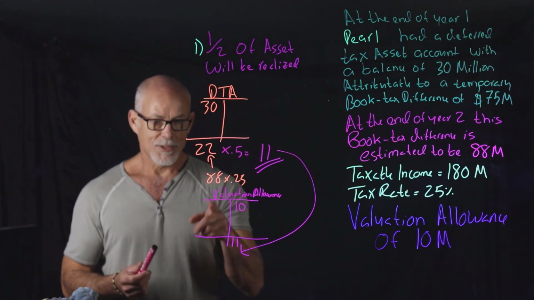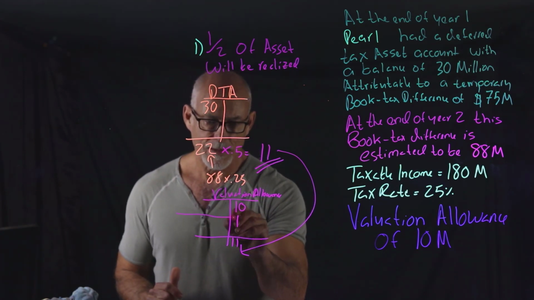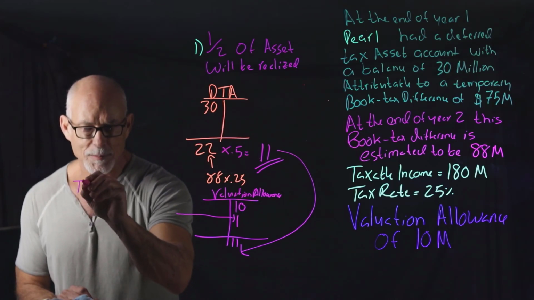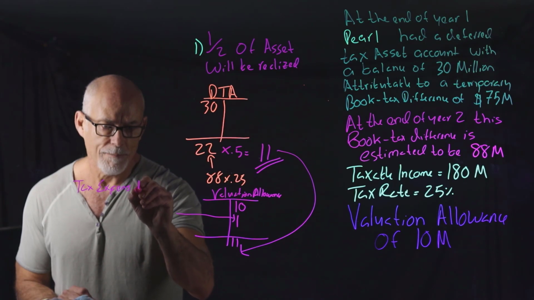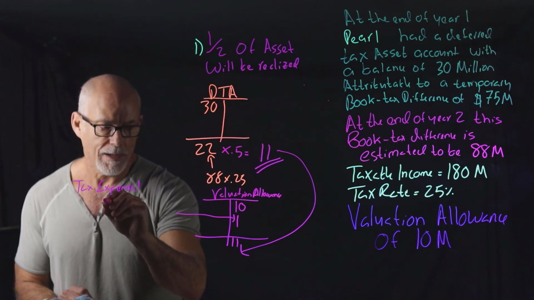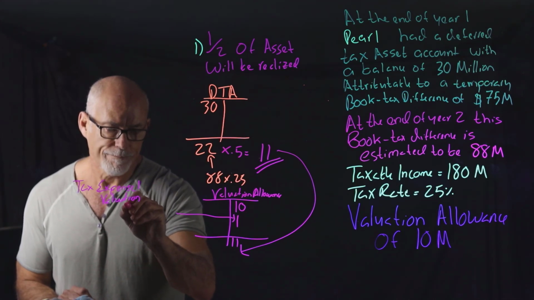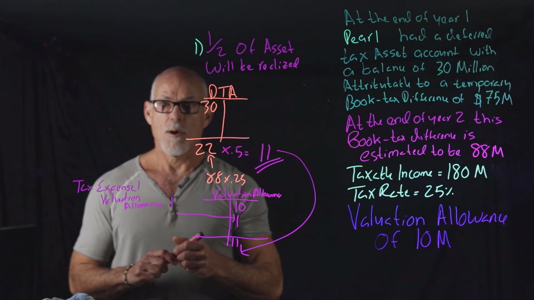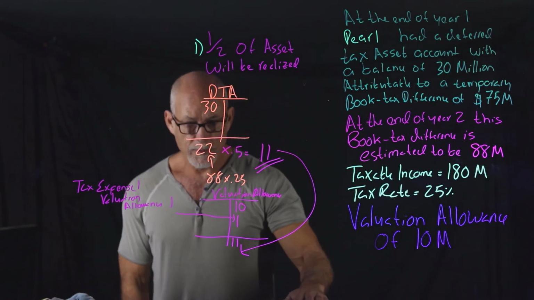All right, and so the adjustment needs to be an increase of 1 to the valuation allowance. So we're going to say tax expense is 1, and then valuation allowance 1. Okay, alrighty, that'll do that problem. We'll do the rest of them later.